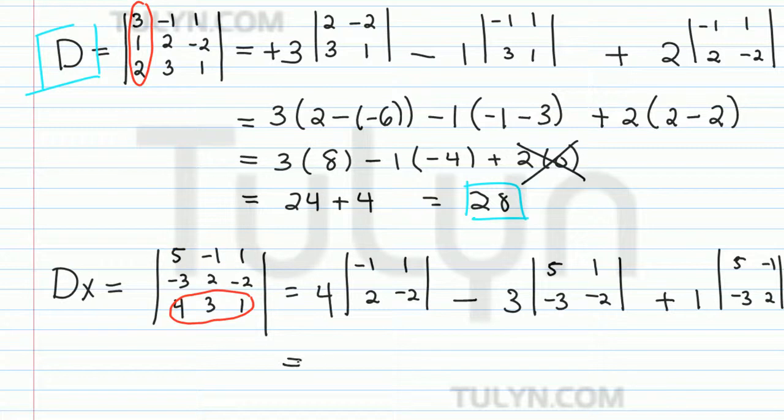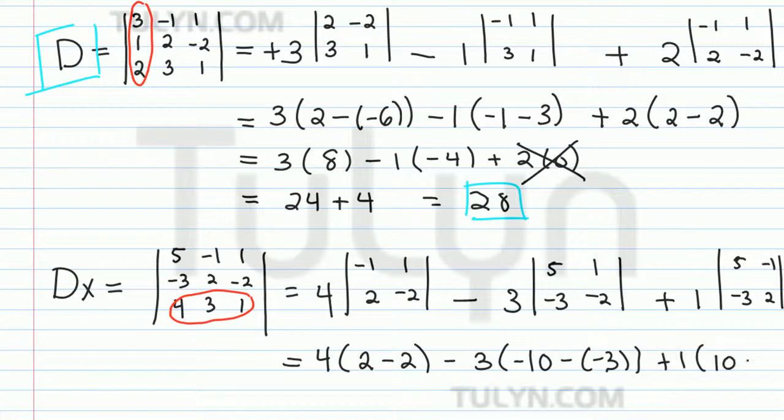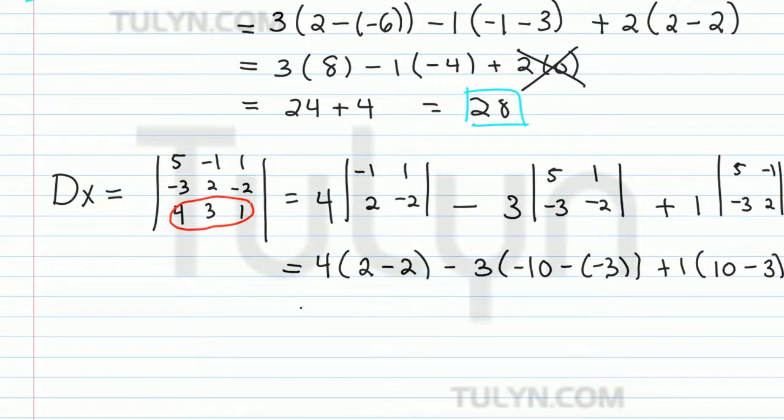So now, let's do this. So 4 times this determinant, which is 2 minus 2, minus 3 times negative 10 minus negative 3, plus 1 times 10 minus 3. Okay, simplifying it, 2 minus 2 is 0, so this term cancels out.